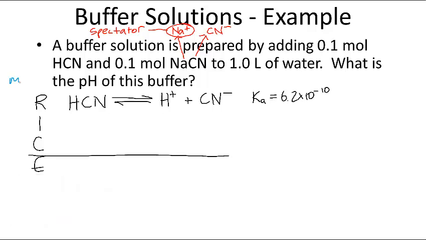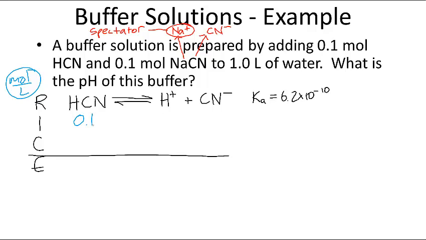So now I'm going to fill in what I know. What's the initial concentration of HCN? 0.1 molar. What's the initial concentration of H+? 0.